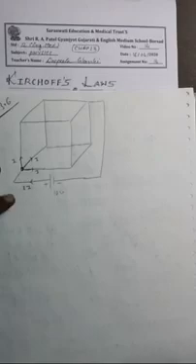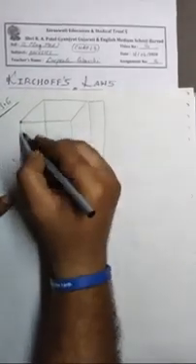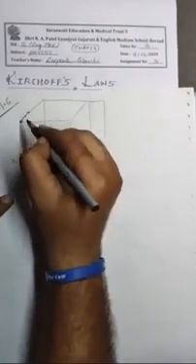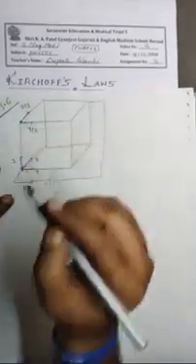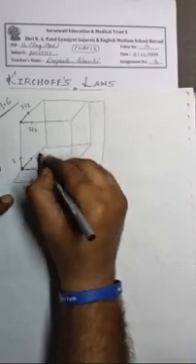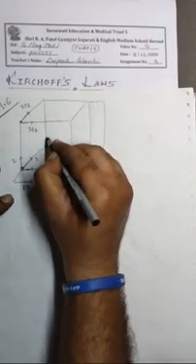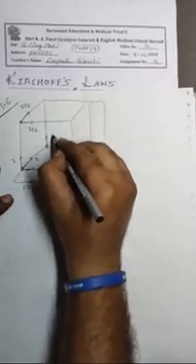Got it? The same electric current will go here. It is divided into further 2. So it is I by 2, I by 2. Same way, electric current of this branch is again divided into 2.